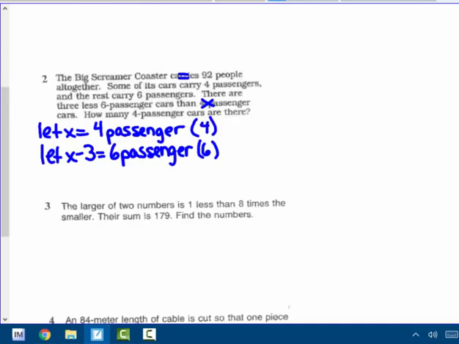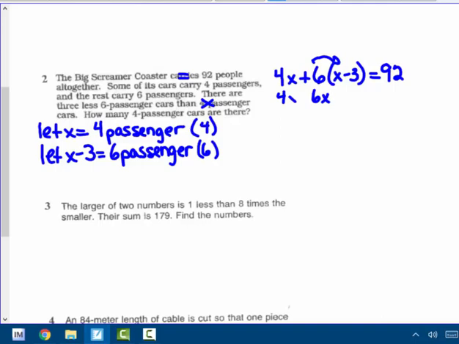Okay, so when I add my 4 passengers times X plus my 6-passenger cars, which are X minus 3, there are 3 less of them, all together I get 92 people. So 4X plus, and I'm going to have to distribute first, 6X.